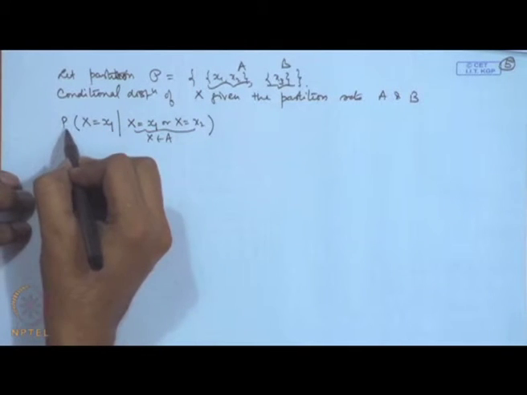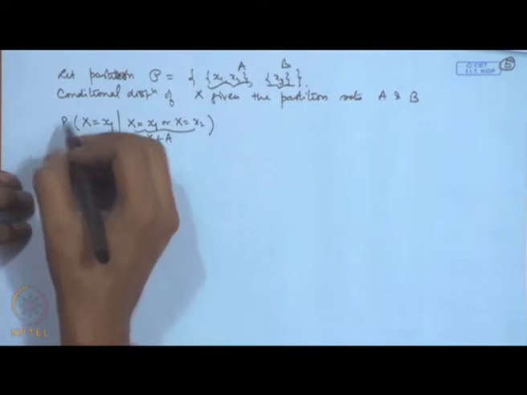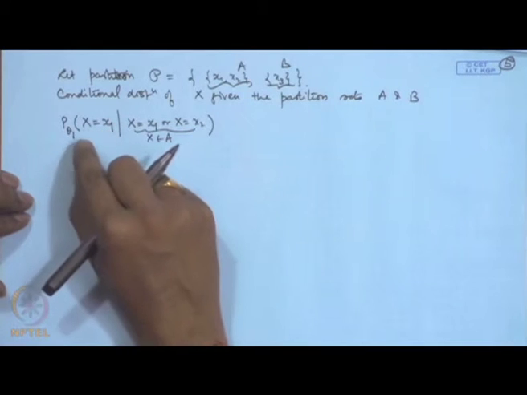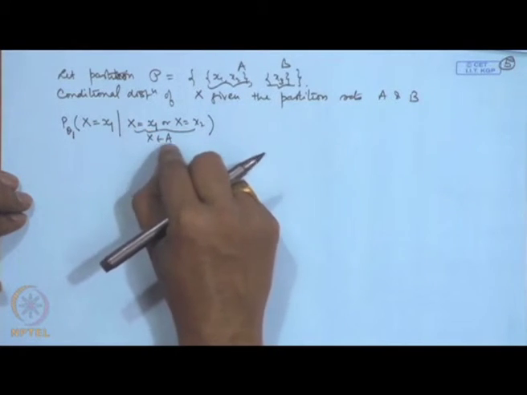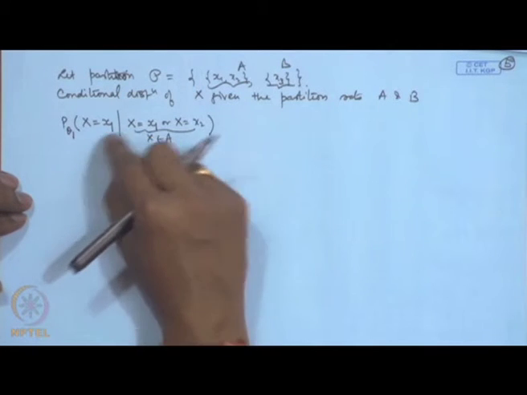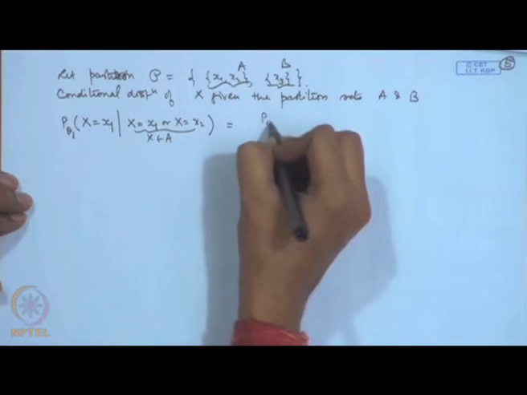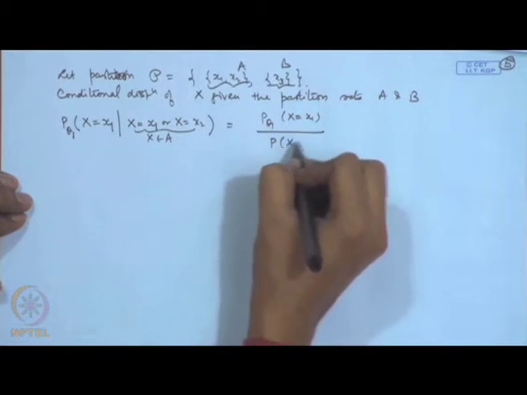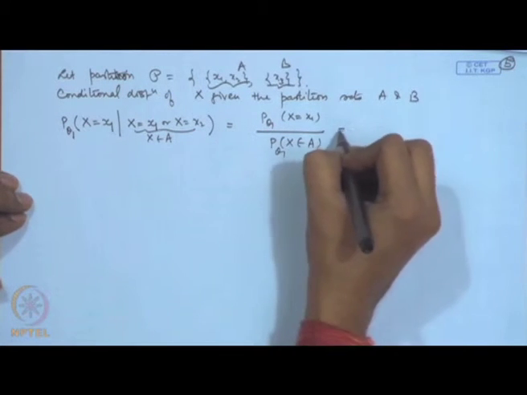Now, here it will be dependent upon the, that means we have to calculate this probability under different parametric configurations. Let me consider say theta equal to theta 1. When I take probability of x equal to x1 given x belonging to A, then we apply the conditional probability formula. This will be equal to probability of x equal to x1 divided by probability x belonging to A, that is when x equal to x1 or x equal to x2.